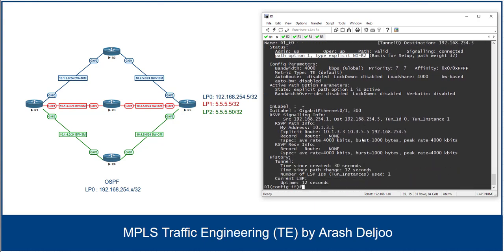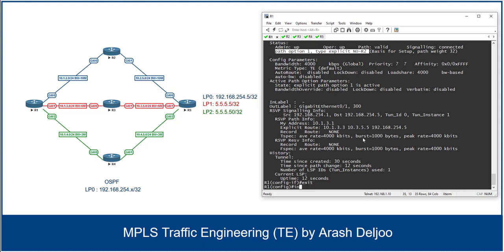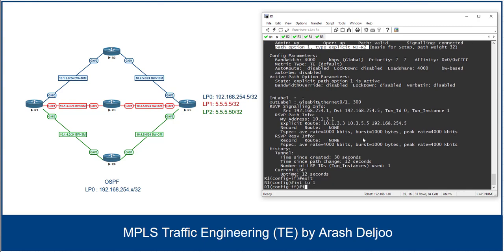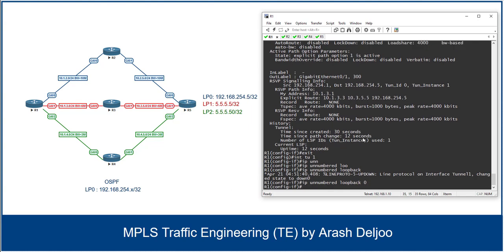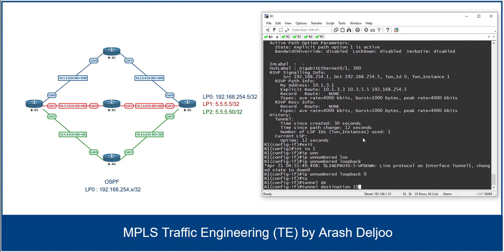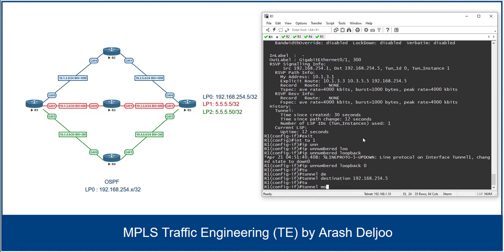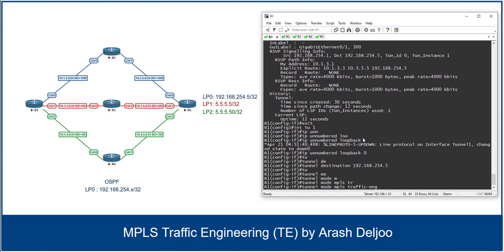And also we need to configure the next tunnel, interface tunnel 1, again IP unnumbered loopback 0, and after that tunnel destination is 192.168.254.5, and tunnel mode is MPLS traffic engineering.